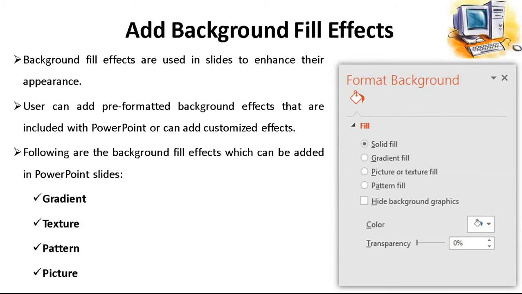Here in the image you can see the background fill effects with the window which is named as format background. So it contains all the fill effect options with solid fill, gradient fill, picture or texture fill, pattern fill, or you can also hide background graphics. So we'll see all these options one by one, that how we can add these effects in our presentation.